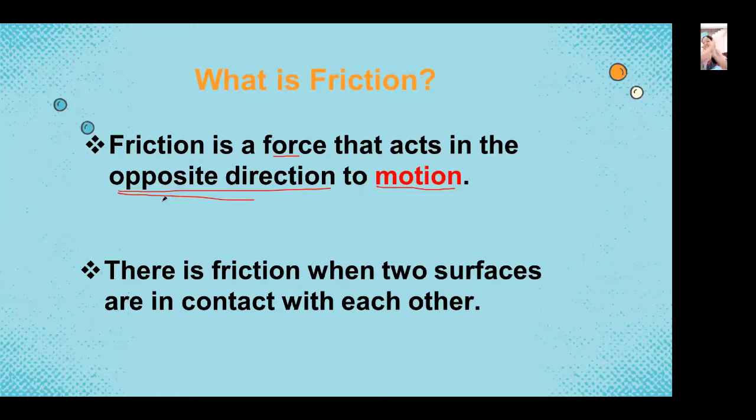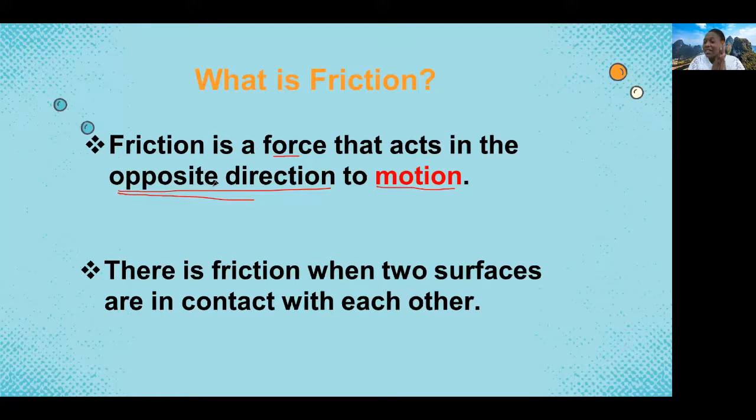Yes, I do it. Very fast. What will happen? You feel hot? I feel hot. My hand is hot. You feel hot. That force that was acting between your hands, that is friction.